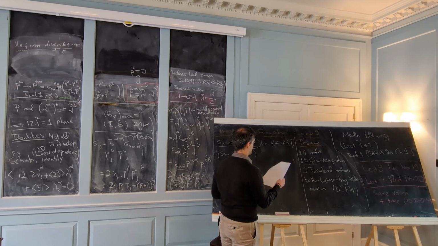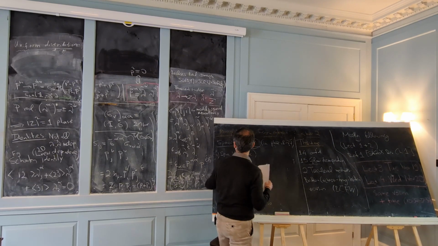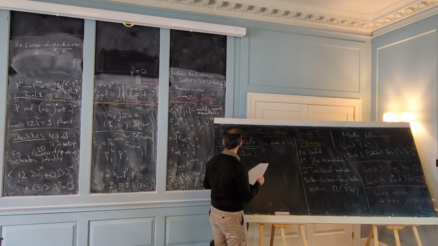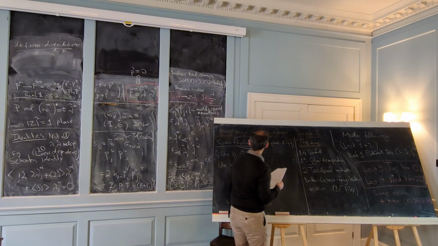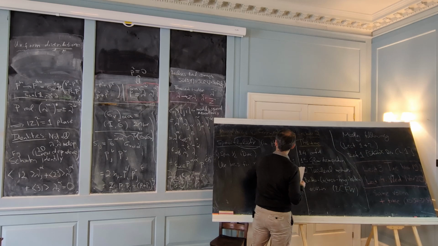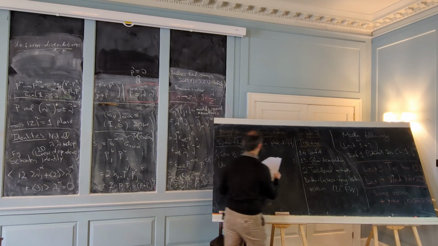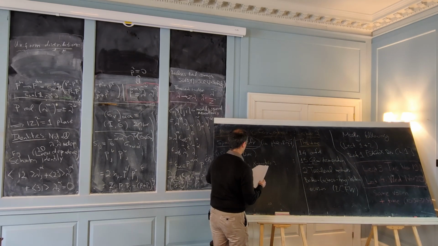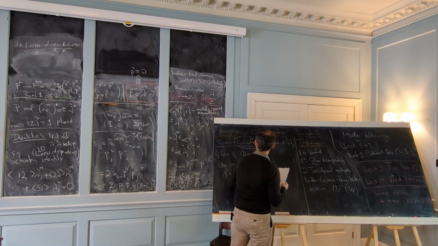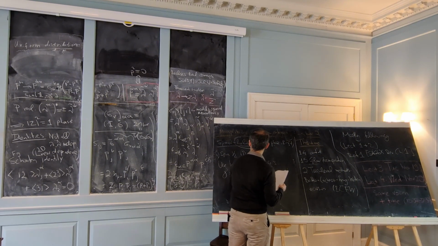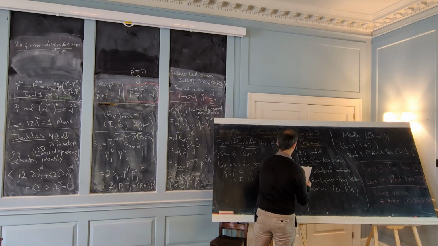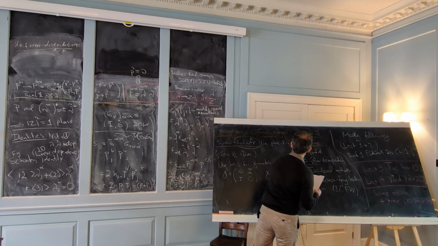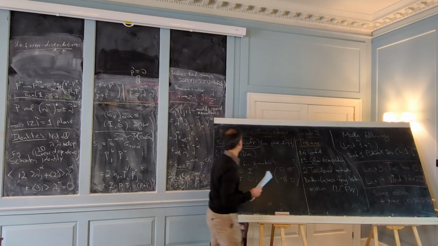We can use a basis for the gamma matrices where gamma 0 has this off-diagonal form, and then the gamma i's are related to the Pauli matrices.